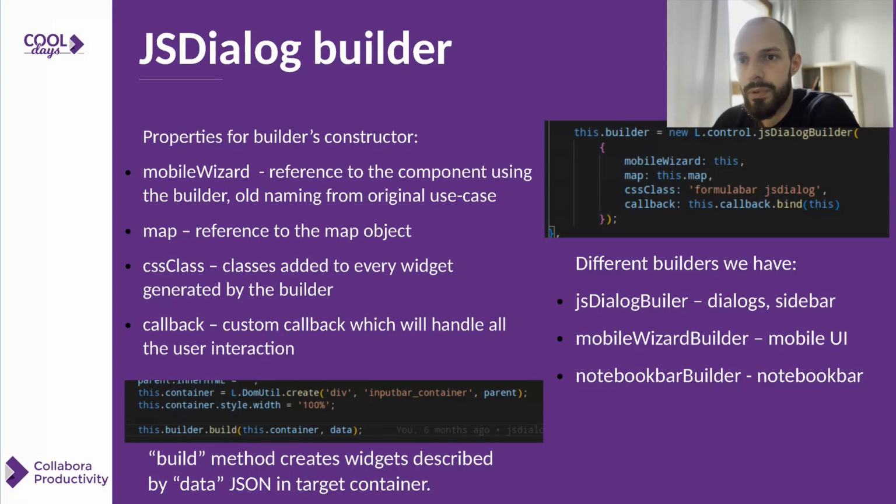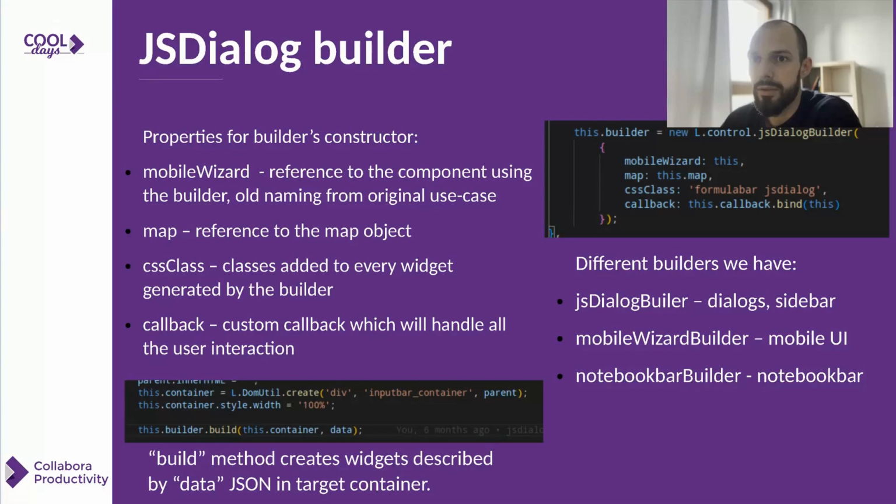In the case of the formula bar, we are just using the JSDialog builder because it should look exactly the same on mobile and on the desktop. When we pass properties for constructing the builder, we can specify the parent component, which is the owner of this builder, a reference to the main map object, and also classes we will use for all the widgets.